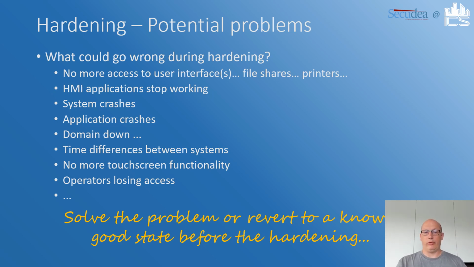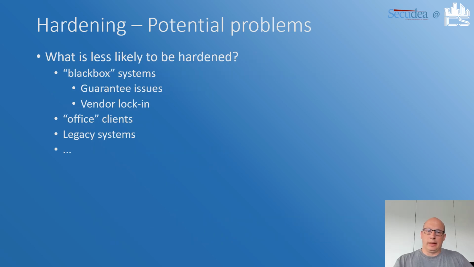Sometimes you have to live with some settings that are not as strong as they should be for a particular environment. So sometimes you just can't do anything else but accept those settings. So what's less likely to be hardened? Well, more and more black box systems, because those are often used as guarantee buy-ins or lock-ins.